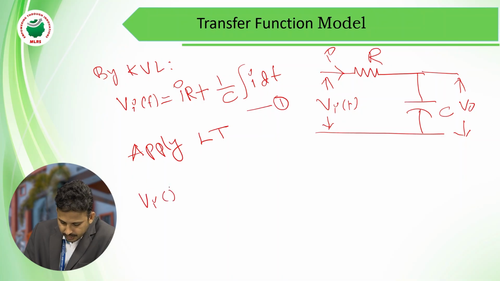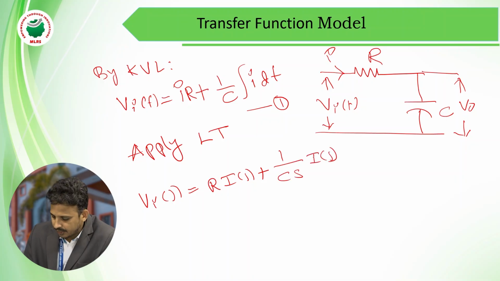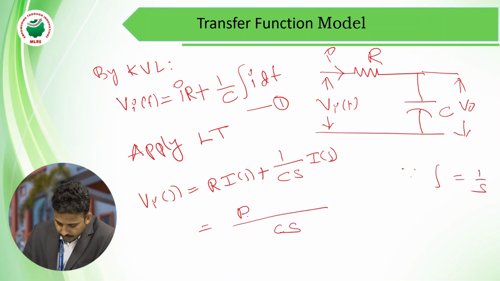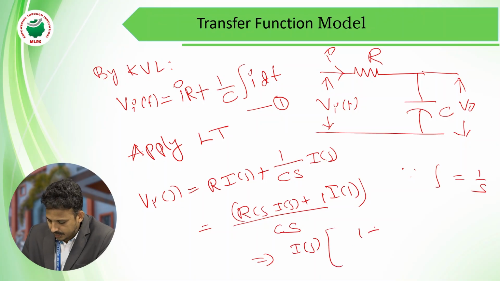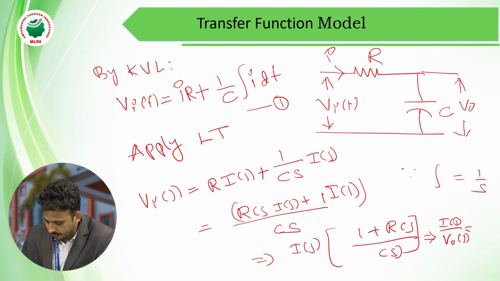So Vi of S is equal to R into I of S plus 1 by Cs into I of S, since integration gives 1 by S. After taking LCM, RCS I of S plus 1 into I of S, and taking I of S as common, 1 plus RCS by Cs, which is equal to output over input. Vo of S is output and Vi of S is input.